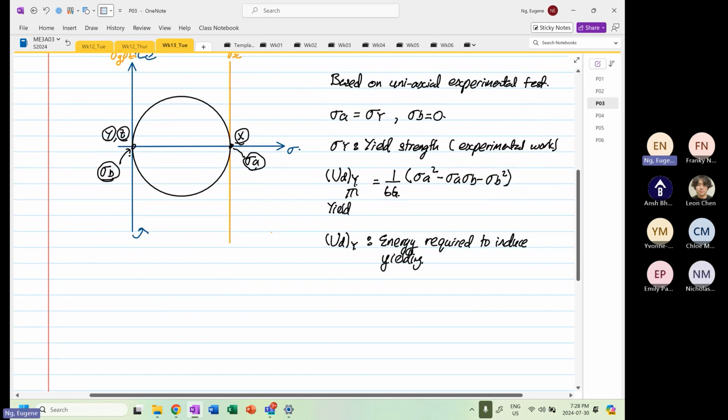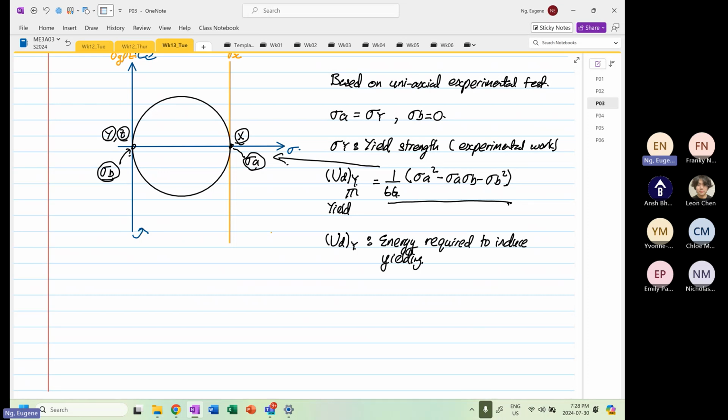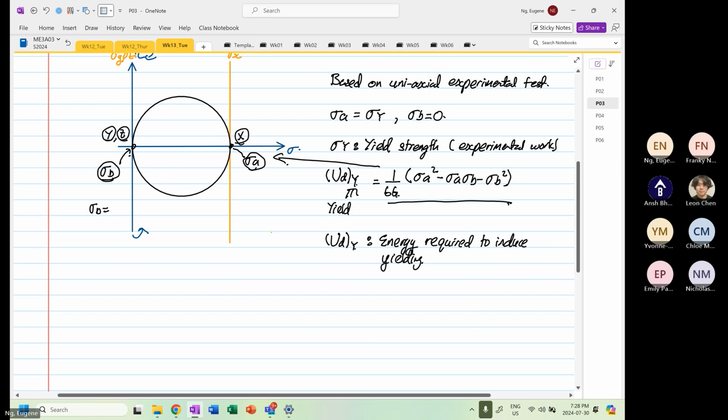And by looking at this expression over here, and by putting in what we know from the 3D Mohr circle, we know that stress B is equal to 0, stress A is equal to stress U. So when this is the case, U_d at U is equal to 1 over 6G, bracket stress U squared.